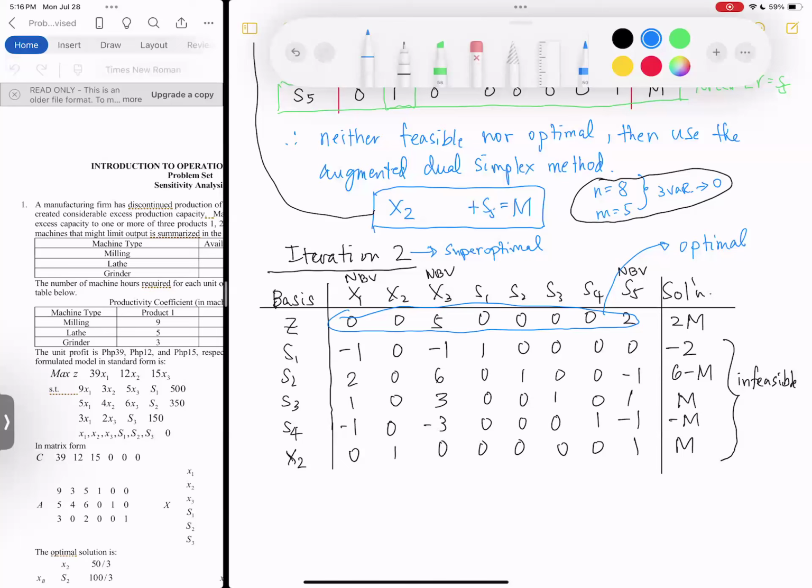In the dual simplex procedure, what do you do? Entering first or leaving first? Leaving po. Okay, leaving variable first. And we say that we choose the most negative, right? So ngayon, anong most negative dyan?